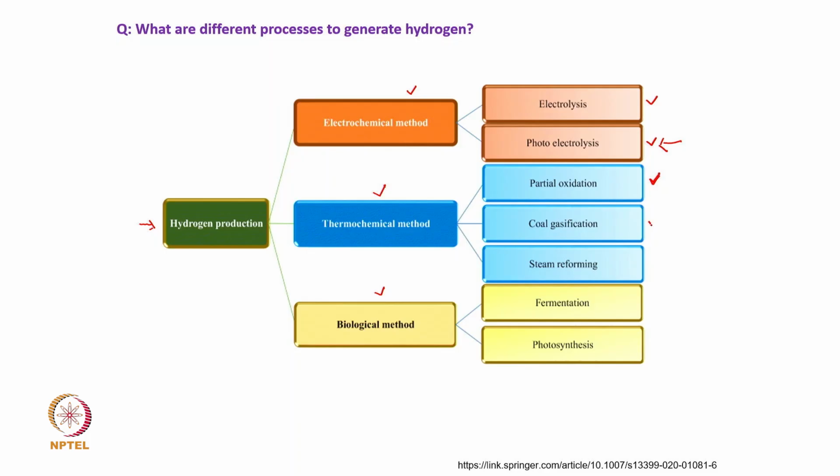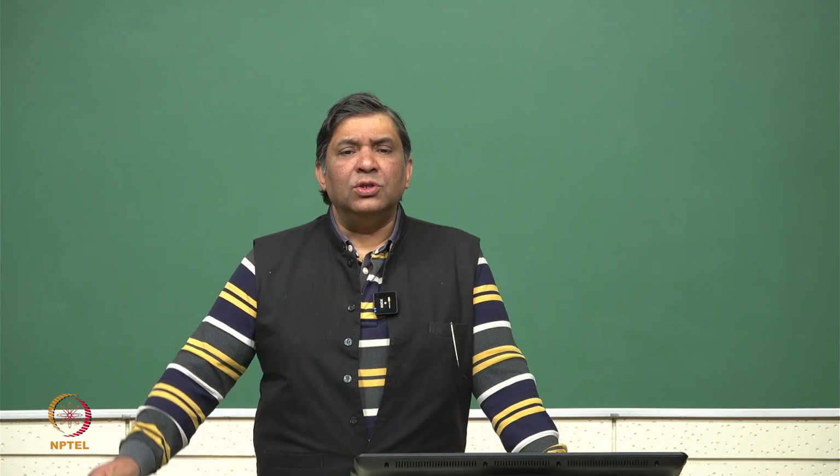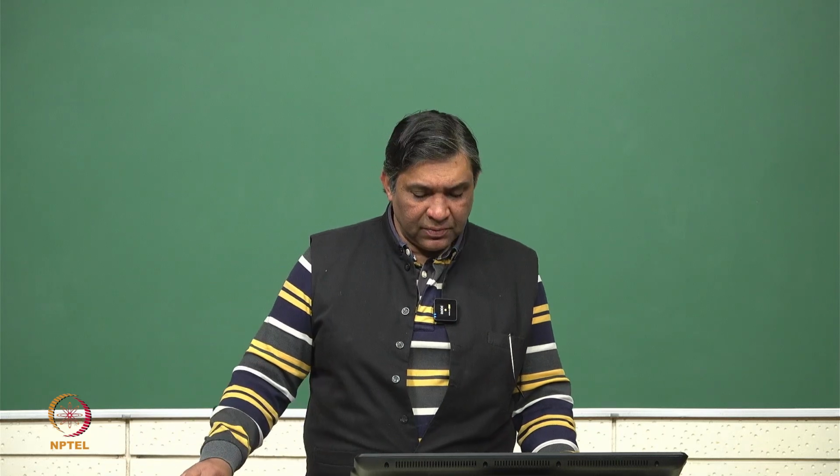And then coal gasification. In this case, it is again a high temperature process. Coal is burnt at very high temperature in the presence of steam or air, and then hydrogen along with other gases like carbon dioxide, carbon monoxide, etc. are produced, and one can store hydrogen after the generation.